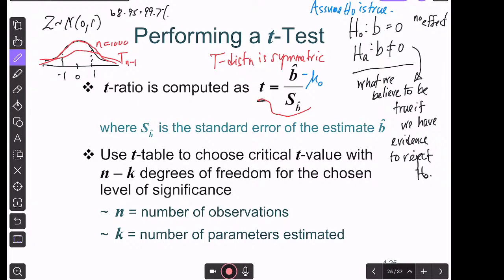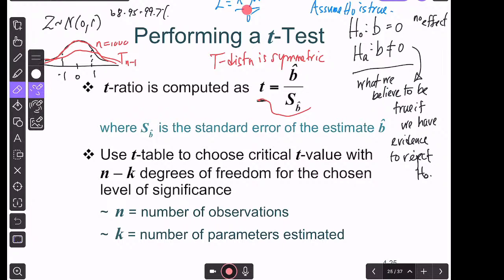Let me do this a different way. Remember when we standardize to create Z, we would do X minus mu over sigma, right? That's how we standardize. So in general, to standardize, I'm going to write in general.